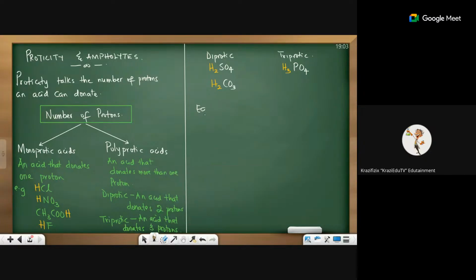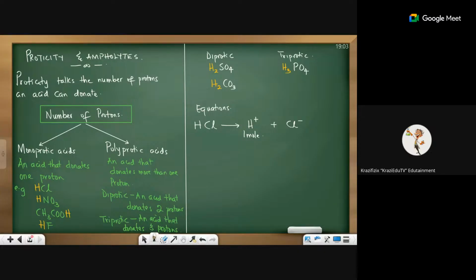Using equations. Let's see something, everybody. If I say HCl, it donates a proton. What do you notice? H plus. Now, do you notice this is 1 mole? That's what remains. Donates just one. Okay.